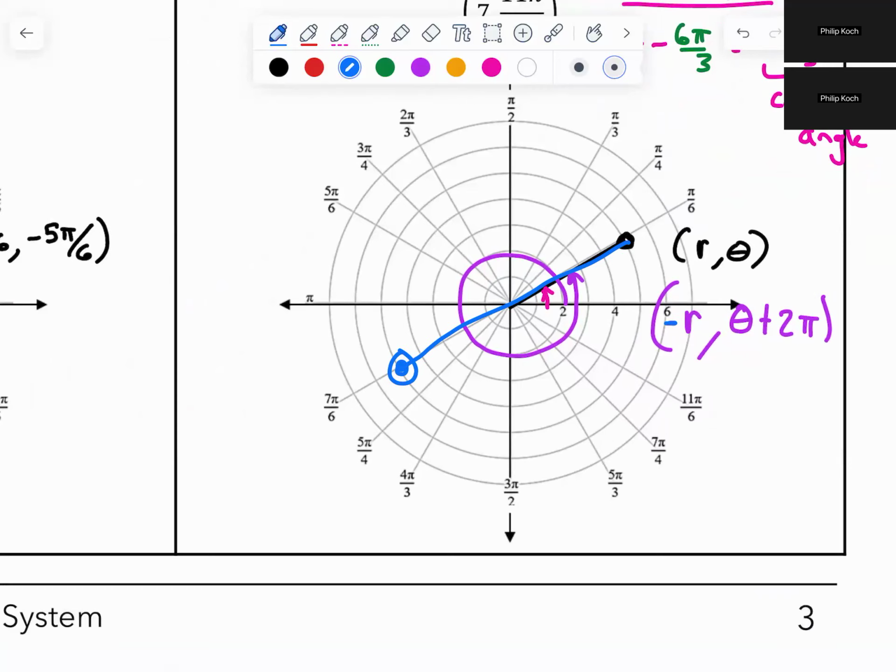So adding a 2 pi will give you the same angle, but now if you make your r negative, it gets pushed backwards or forwards, depending on the situation. If it was down here, it gets pushed forwards. So when you add an additional pi, it will work out. Was I misunderstanding your question? I was just showing why the 2 pi doesn't work. So all you need to do is add an additional pi and it'll get you where you need to go. So yes.